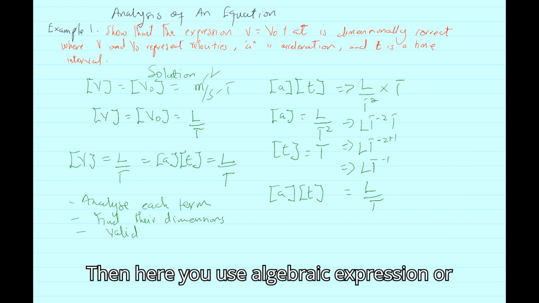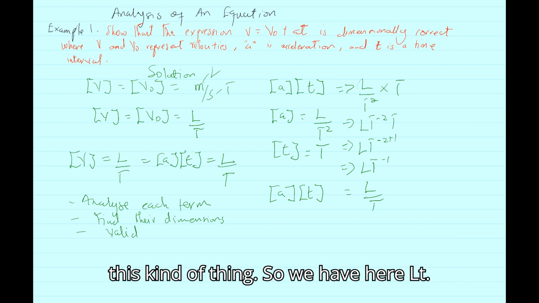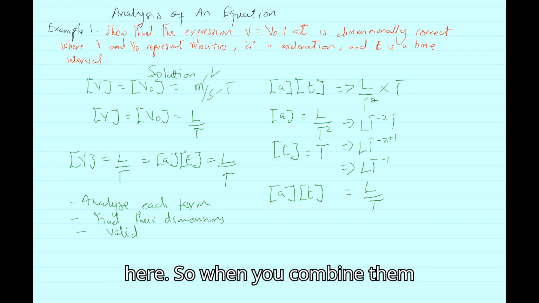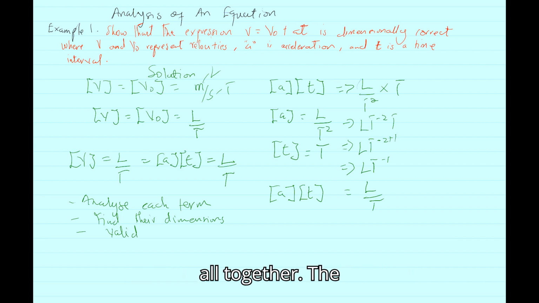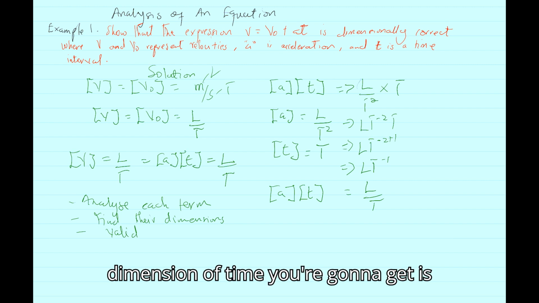Then here you use an algebraic way of solving this kind of thing. So we have L T minus 2 plus 1, then we have L T minus 1. So when you combine them all together, the dimension of acceleration times the dimension of time, you get this.